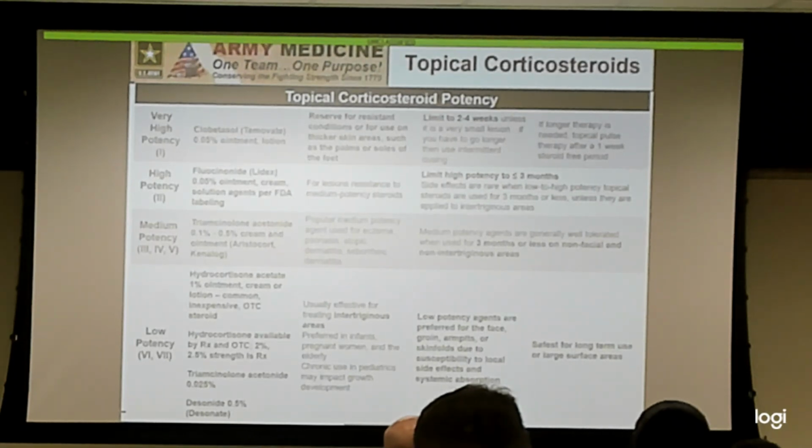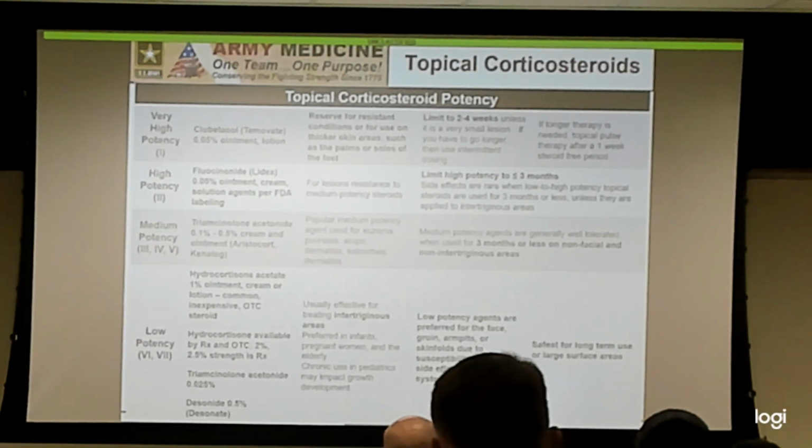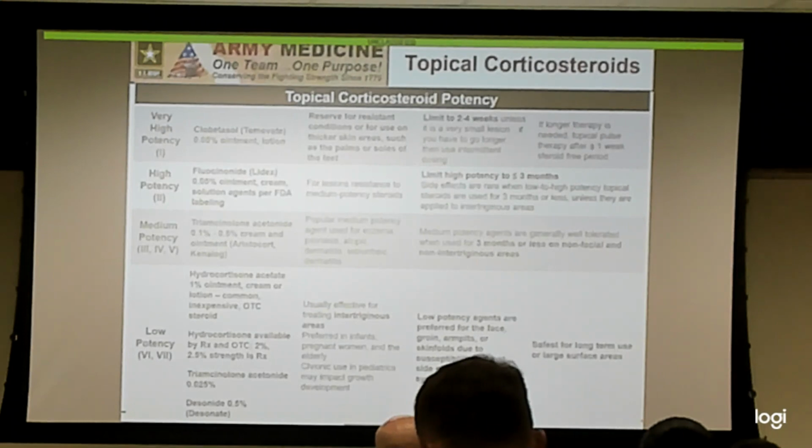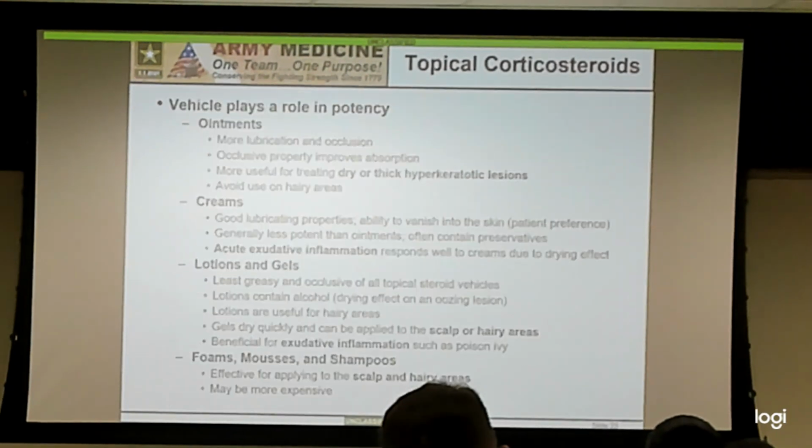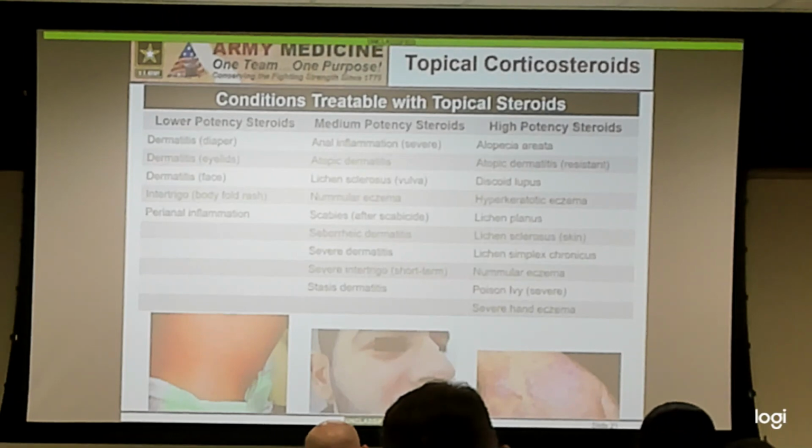This is just looking at, again, more about potency and the medications that are falling into the charts. I already told y'all about most of this, when to use it. It's just another summary, another way for you to look at what conditions fall under each potency.